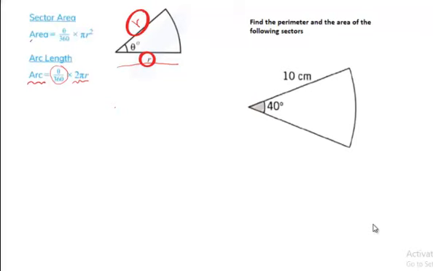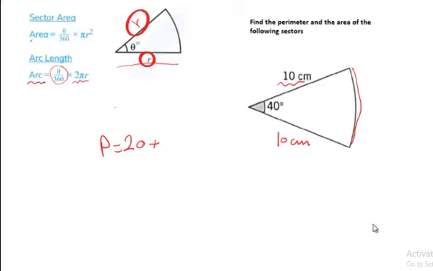In the following example, we need to find the perimeter and the area of this sector. Let's start with the perimeter. P equals, this radius here is 10, so the other radius is also 10 centimeters, so it will be 20 plus the length of this arc.